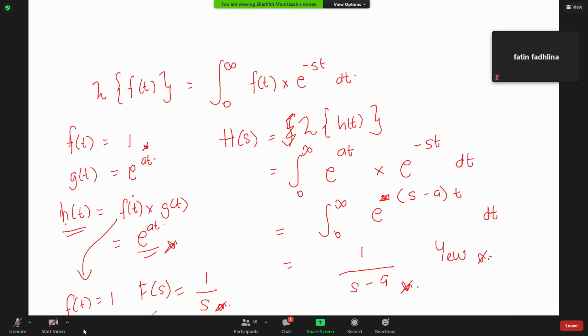If this is F(s), then F(s minus a) is 1 over s minus a. Now, is this not similar to this? Yes. So can you see that this is being shifted?